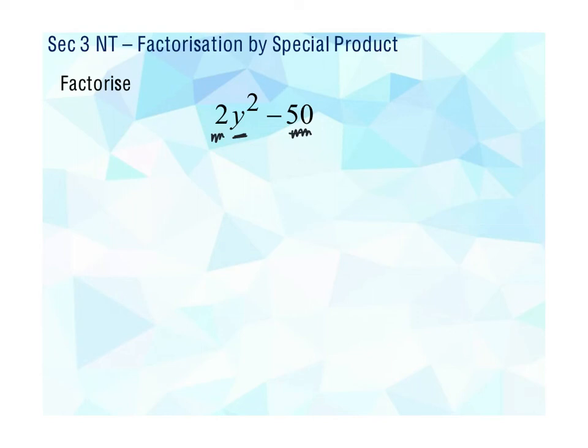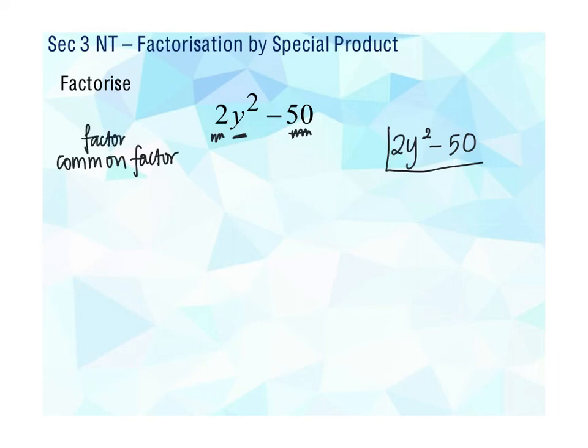So what can I do? I need to identify a common factor for 2y squared and negative 50. So first step, we are going to factorize out the common factor. The common factor for 2 and 50 will be 2.